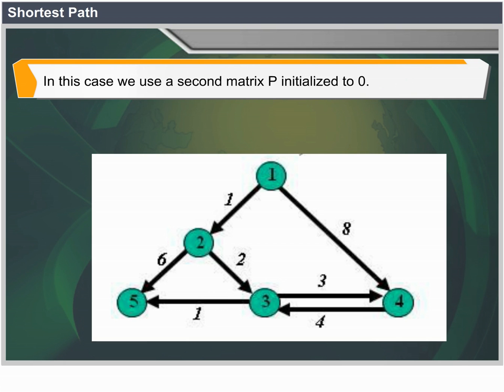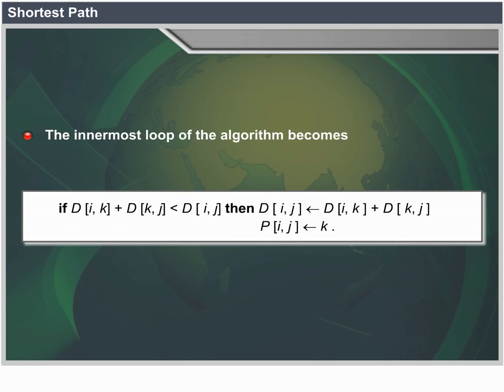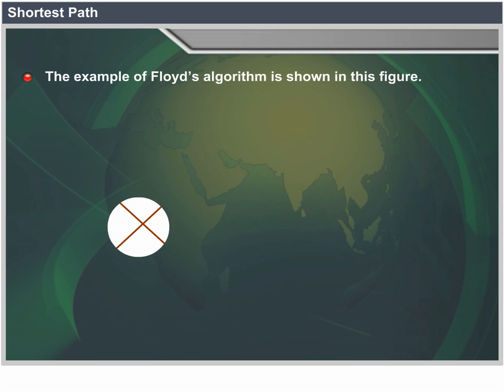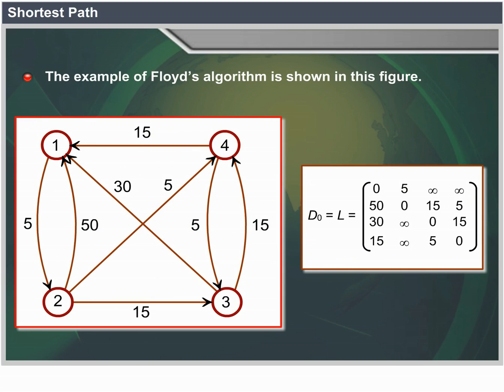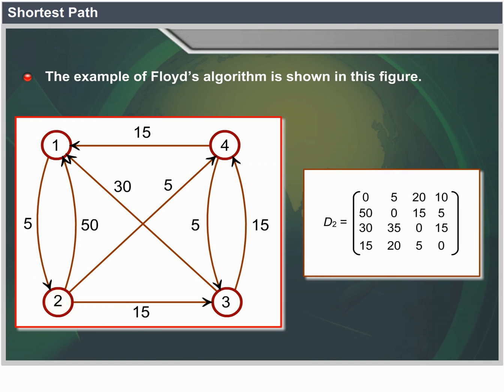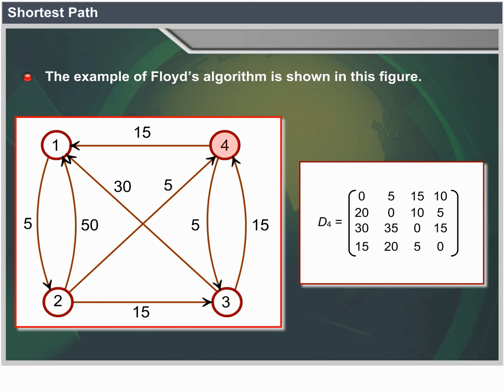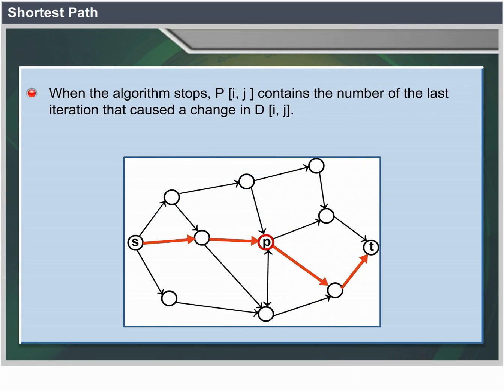The innermost loop of the algorithm becomes as follows. An example of Floyd's algorithm is shown in this figure. When the algorithm stops, P[i,j] contains the number of the last iteration that caused a change in D[i,j].